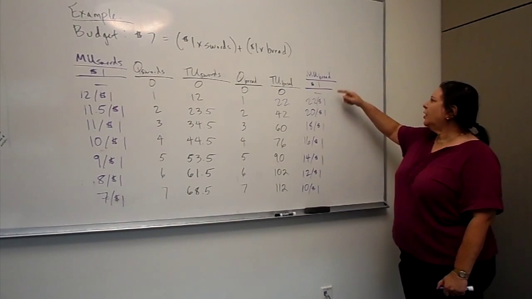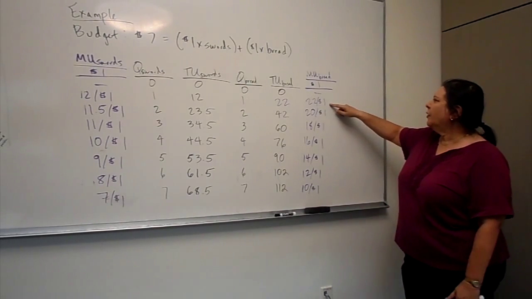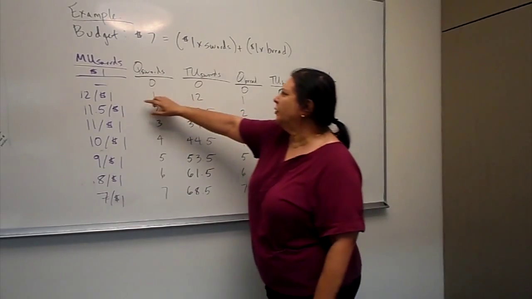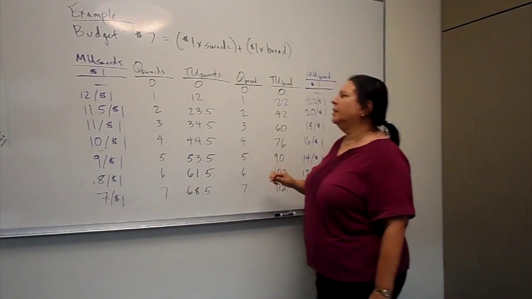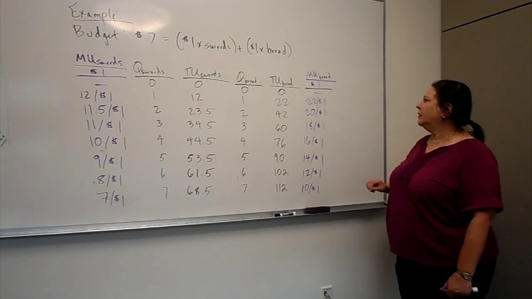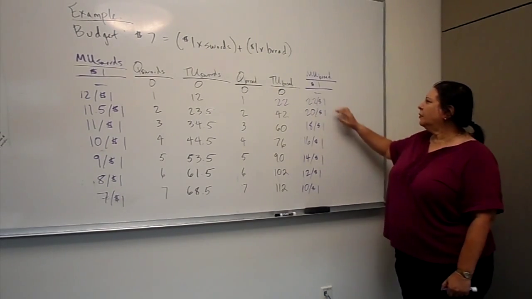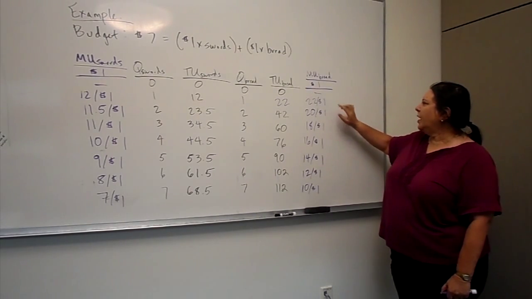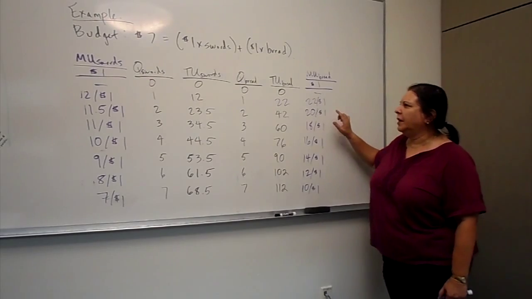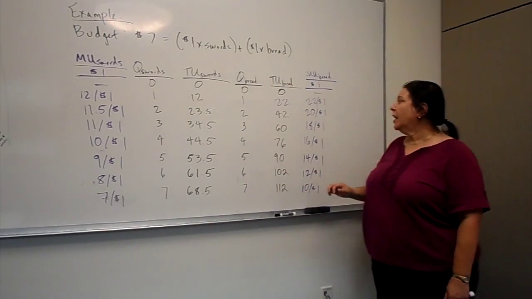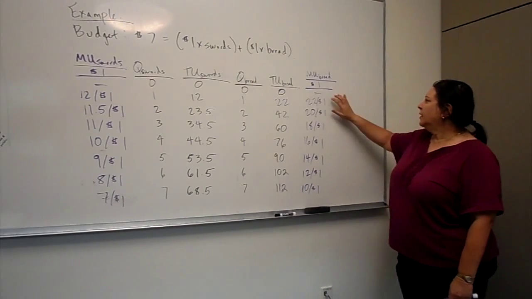If you spend the first $1 on bread, you're going to get 22 units of utility, whereas if you spend it on swords, you're only going to get 12 units. So you're going to spend the first $1 on bread. Then, what about the second $1? If you spend it on bread, you get 20 units of utility instead of 12. So you're going to spend it on bread again.